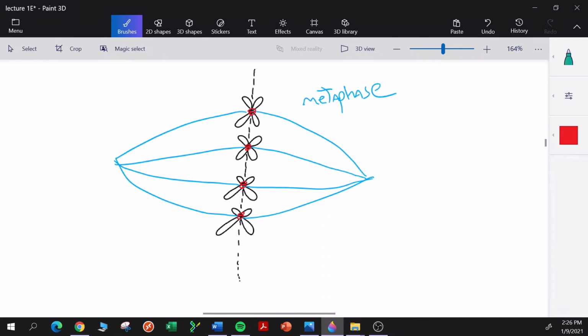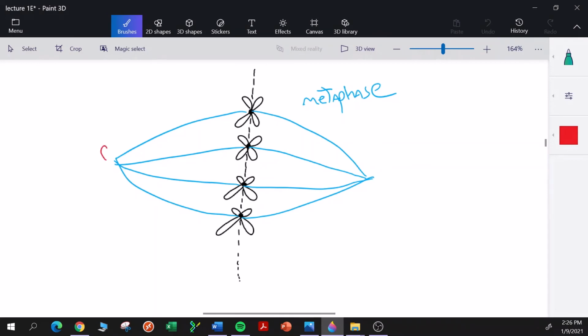I'm not sure the name of that enzyme, but the enzyme is produced at the end of metaphase, and it finds that shugoshin and it degrades it. And then the separase now can find that centromere cohesin, and it can degrade it. Once that happens, the microtubules contract and the centromeres split, and the individual sister chromatids start moving towards opposite poles.